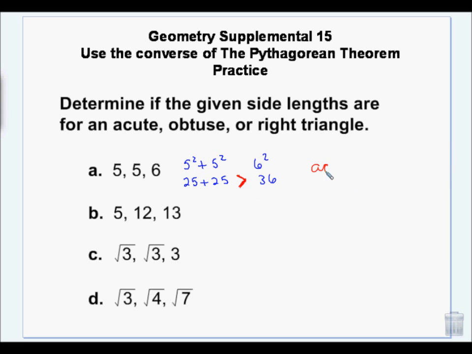So acute. Next, I have 5 squared plus 12 squared and 13 squared. So I have 25, 144, and 169. This is equal. And if it's equal, it's a right triangle.